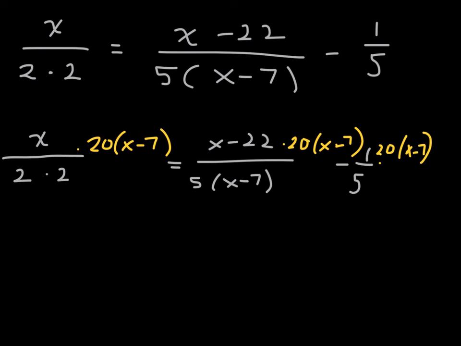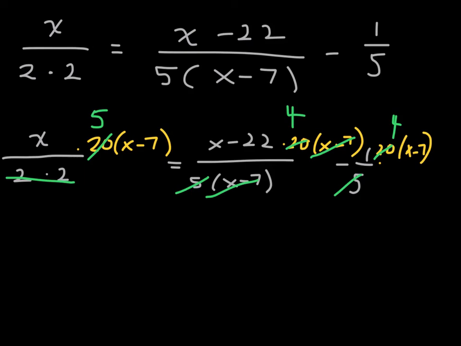All right, 2 times 2 is 4. 4 divides into 20 5 times. X minus 7 divides out with x minus 7. 5 divides into 20 4 times. 5 divides into 20 4 times. Now be very careful to write out what you have left over.